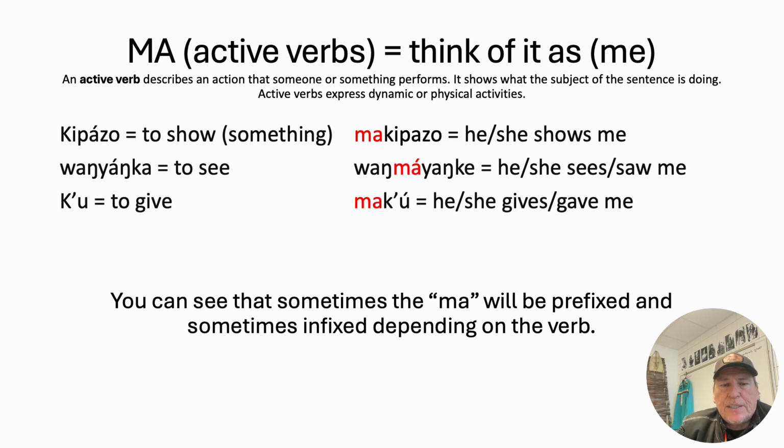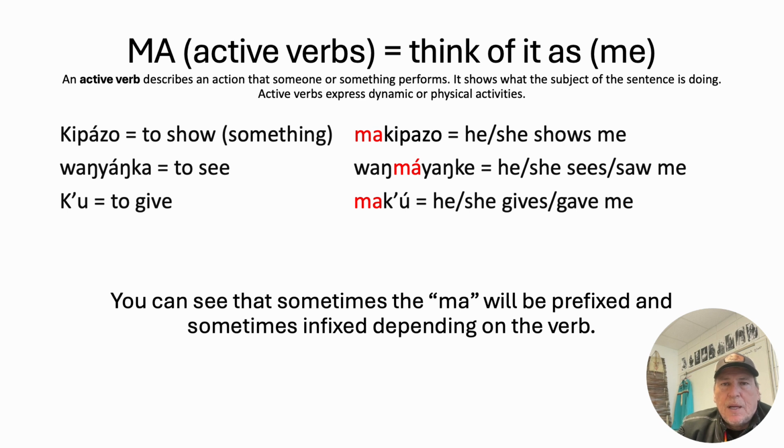Wayanka, to see something, infix ma into that, it becomes wamayanke, he or she sees or saw me. Ku, to give something, becomes maku, he or she gives or gave me something.